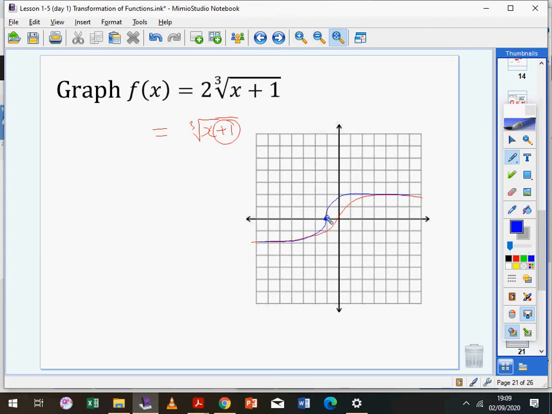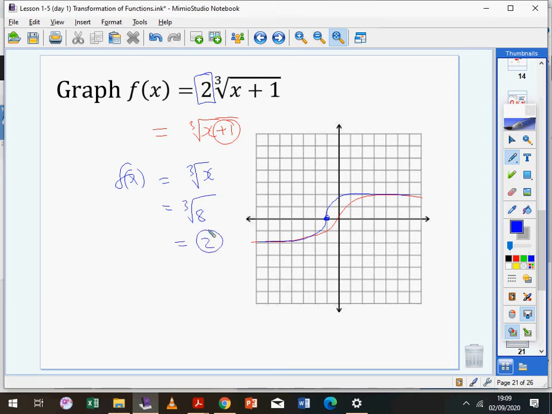What else is happening is it is being stretched vertically. So for this function, since it is a cube root function, I know that when x is 8, the cube root of 8 is 2, right?